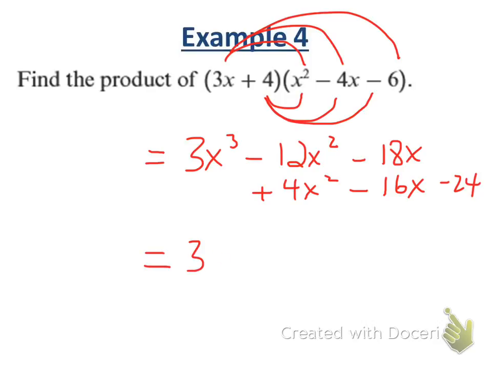Now combine like terms. What's negative 12x squared plus 4x squared? Negative 8x squared. Negative 18 minus 16: same sign, add and keep. Negative 34x. Negative 24 just comes down.